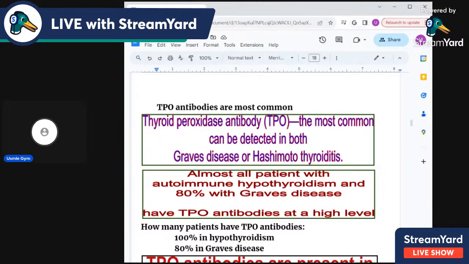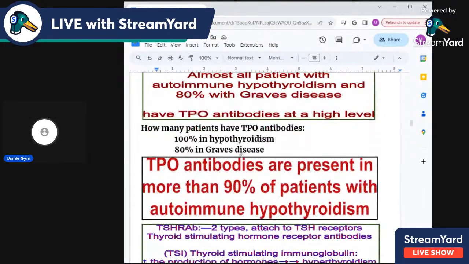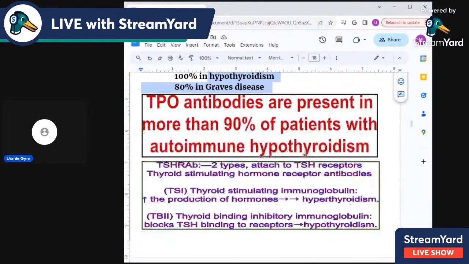Almost all patients with autoimmune hypothyroidism and 80% with Graves' disease have thyroid peroxidase antibodies at high levels. How many patients have TPO antibodies? All patients with hypothyroidism and 80% with Graves' disease.